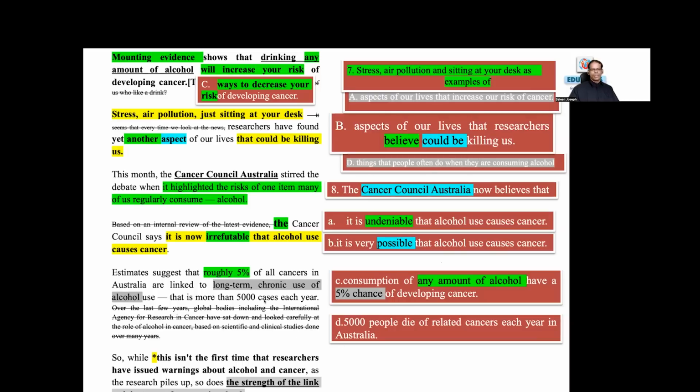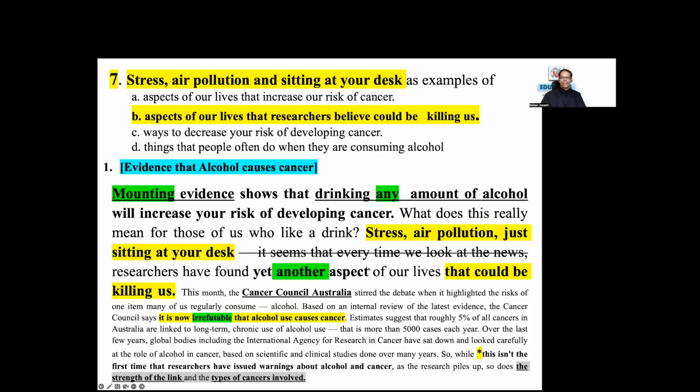That says 5,000 is the number of people. 5% means 5,000 cases each year. So 5,000 people die of related cancer. The whole thing doesn't speak about how many die. Only how many incur cancer or get affected by cancer due to alcohol consumption is the concept. So again, in the last sentence, it is a paraphrasing of the topic sentence. Hope that is clear for you.